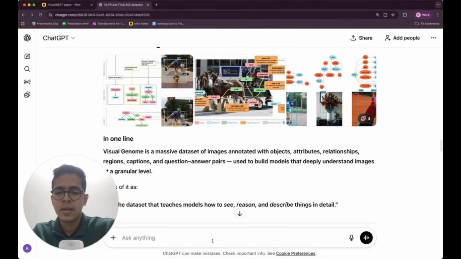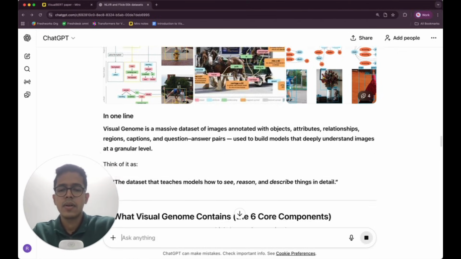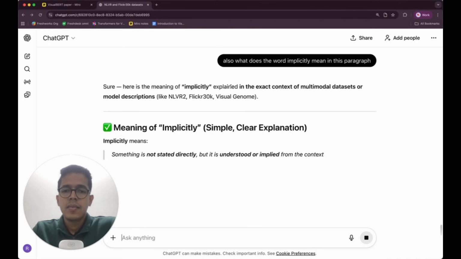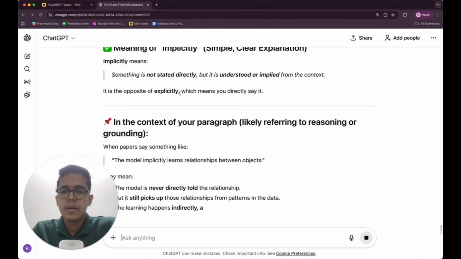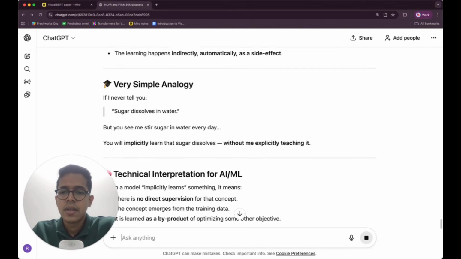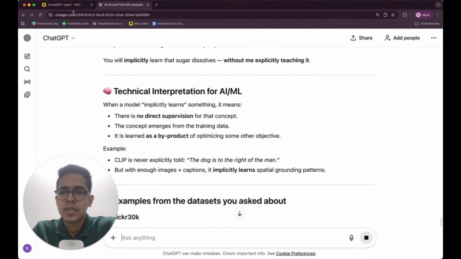Let me ask, what does the word implicitly mean in this paragraph? Yeah, I know the English meaning. I just want to know in this context, what does it mean? No, I don't want analogies or anything.